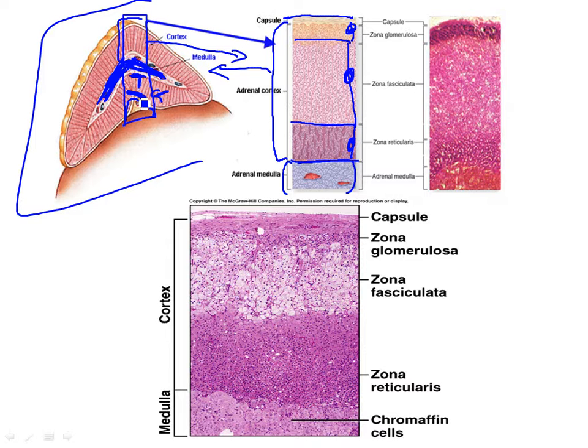Now, you can also see here a little bit of the histology, how these appear when you look at these different layers in the microscope. So once again, the outermost capsule, and the glomerulosa, glom means ball-like, okay? So when you see G-L-O-M, think ball or round.